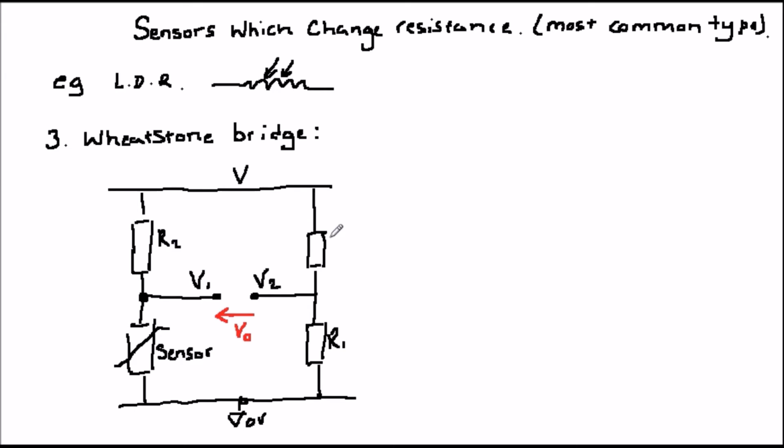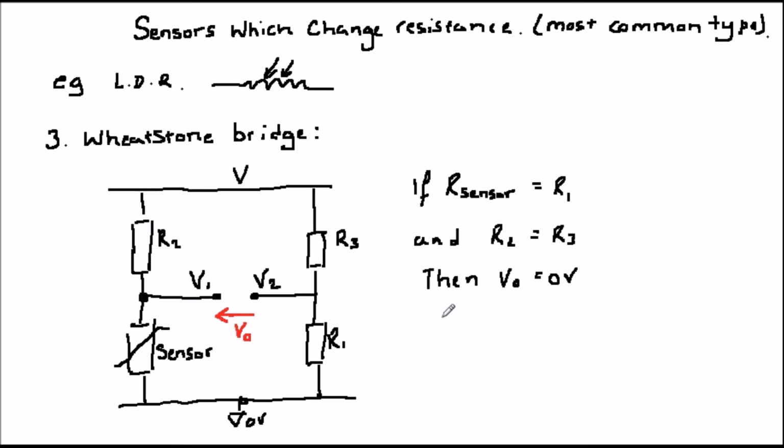The Wheatstone bridge has other advantages which we'll explore later, but one further one worth mentioning at this stage is that it's possible to use several sensors together by replacing the other fixed resistors, R1, R2 and R3 in the diagram, by one or more sensors, making the whole measurement much more sensitive.